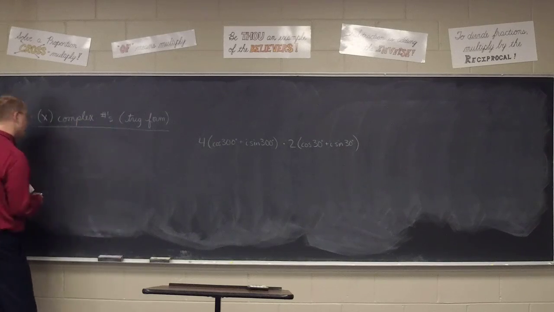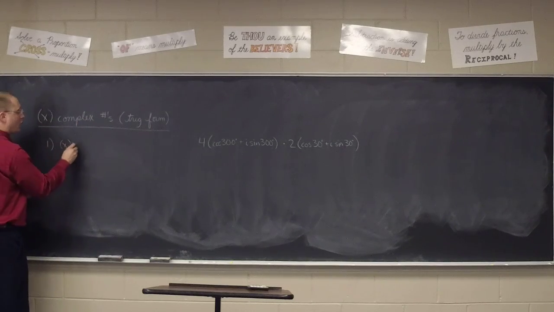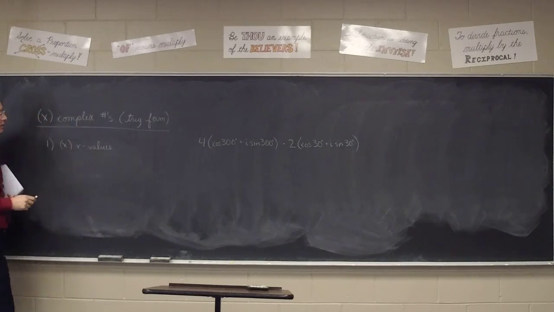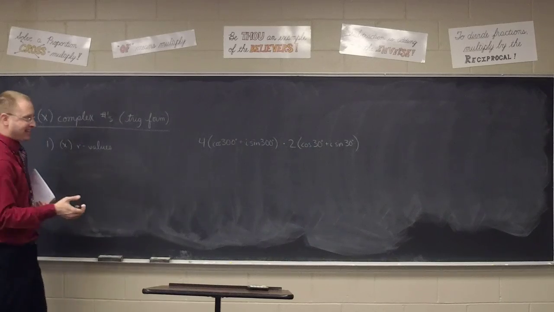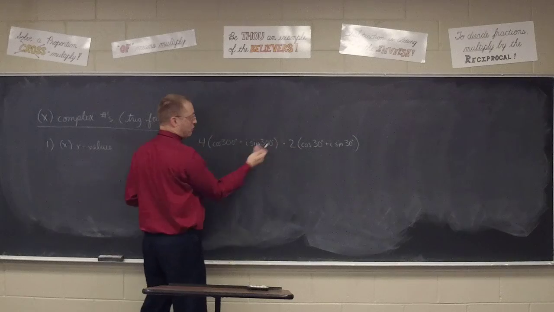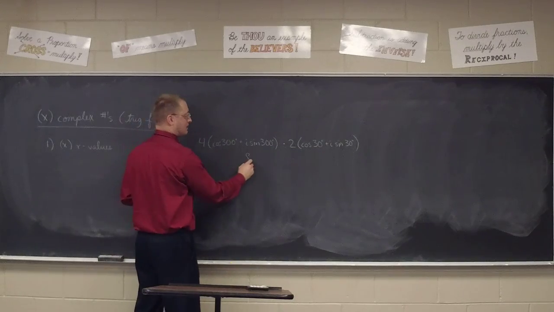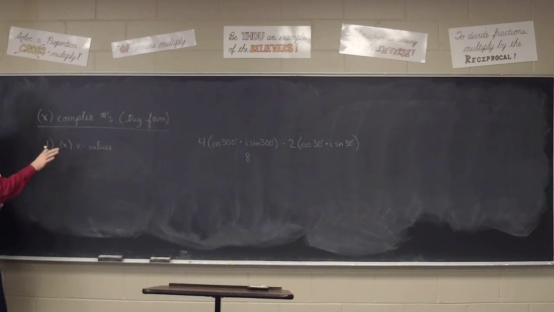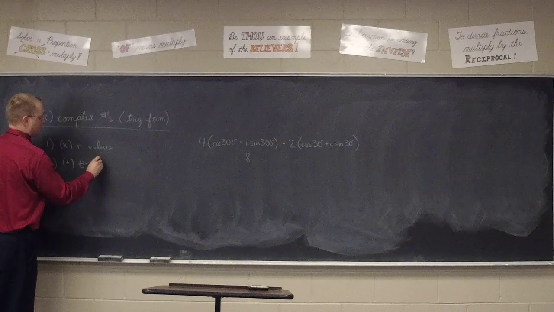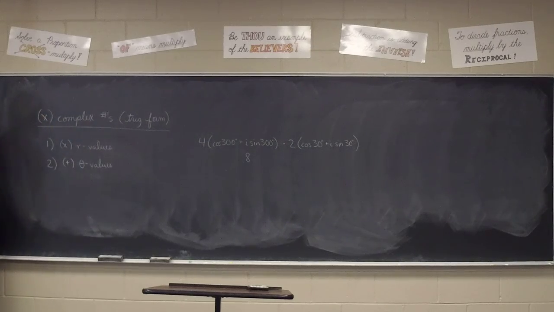Step number 1, multiply the r values. Just like you would have multiplied numerical coefficients in the past, and 4 times 2 would again give you 8. The angle, you can think of it like an exponent in the sense that we're going to add the theta values.